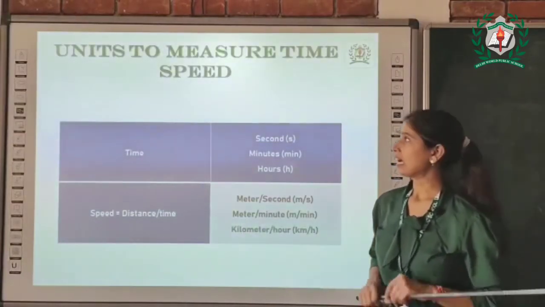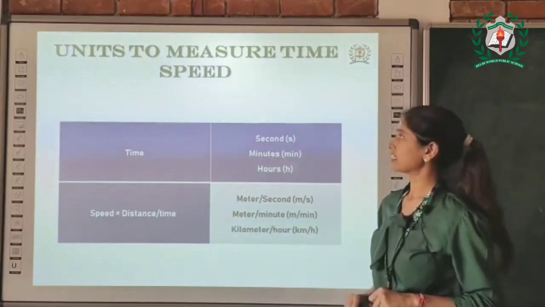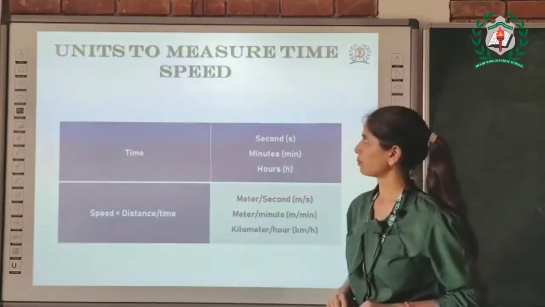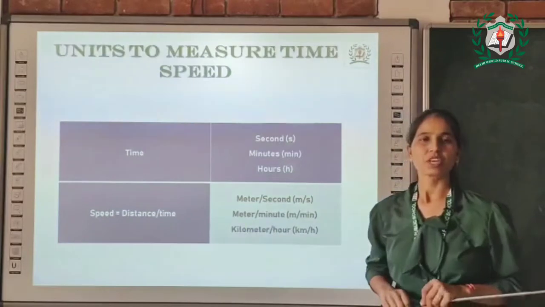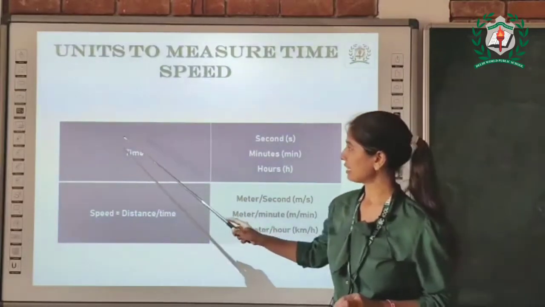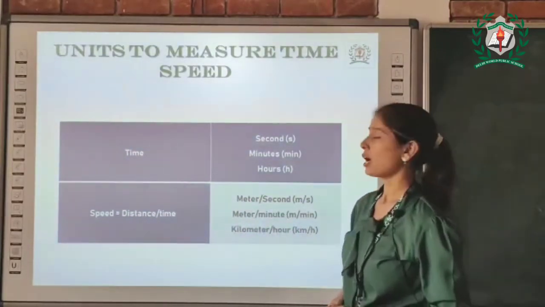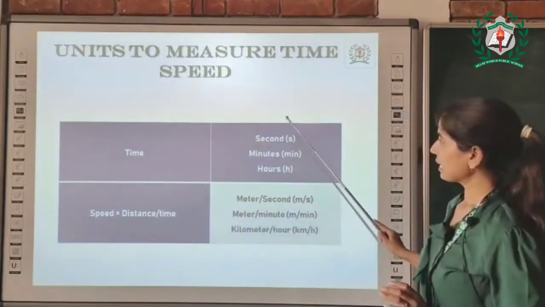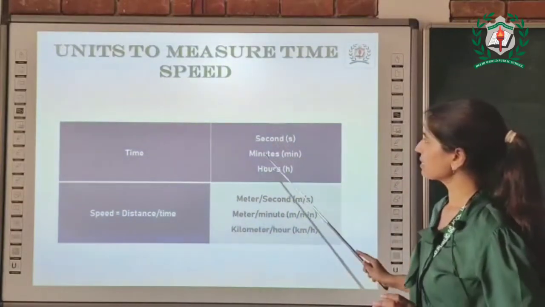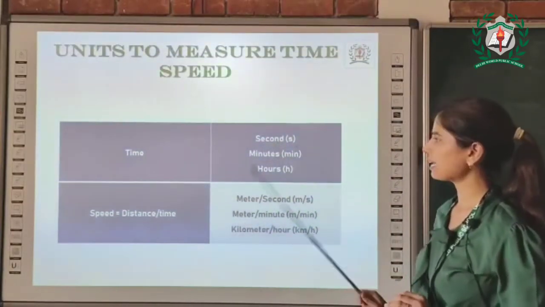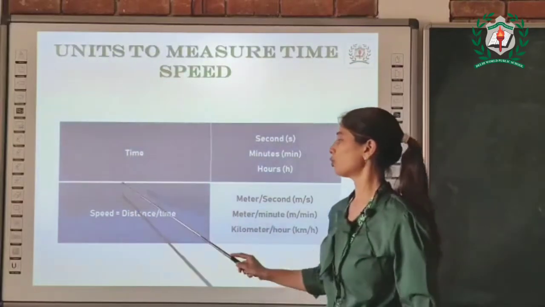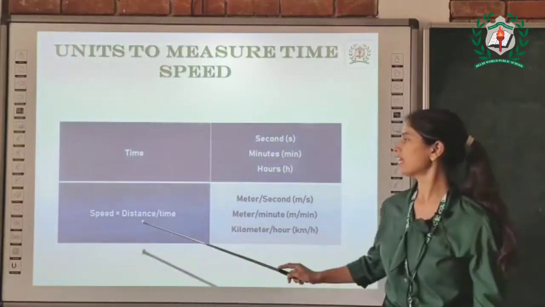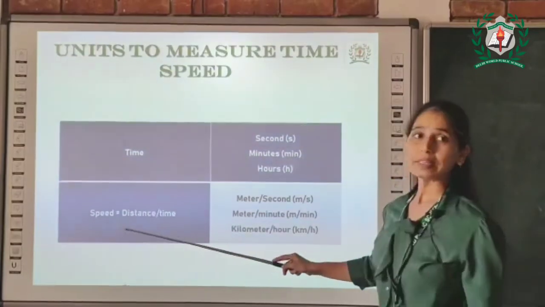Okay, so let's start. In this chapter, firstly we'll discuss units to measure time and speed. Time can be measured using these units: second, minutes and hours. And if we want to calculate speed, how will we calculate it?